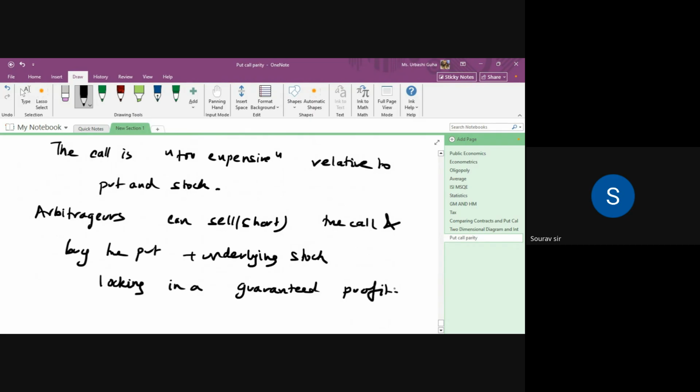Okay, so any violation of put call parity automatically signals an arbitrage opportunity. That's why put call parity is considered one of the most fundamental pricing relationships in derivatives.